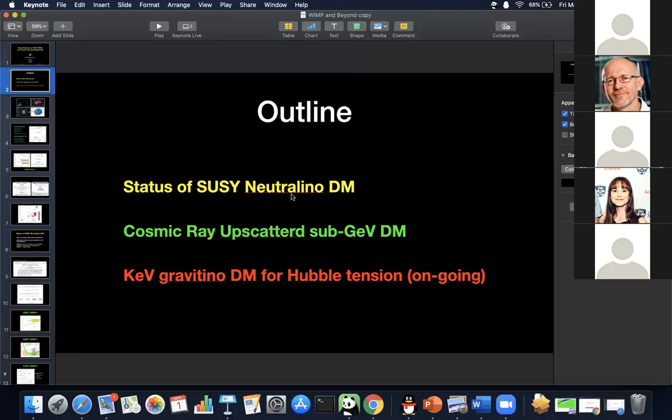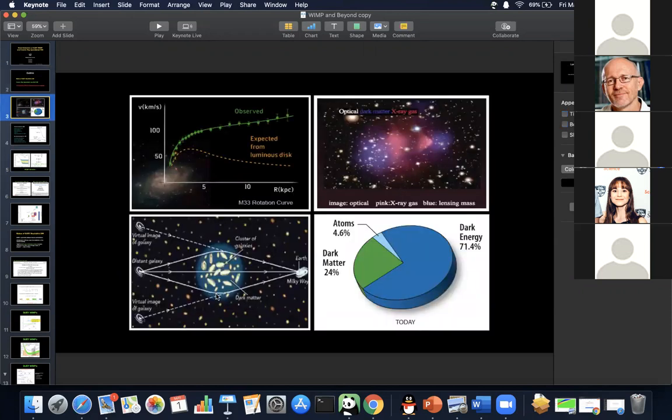I will quickly overview the current status, mainly focusing on the minimal framework, and then I will move to the sub-GeV dark matter direct detections, and talk about one possibility, that the sub-GeV dark matter was accelerated by cosmic rays. In the end, I will talk about the gravitational dark matter for the Hubble tension. So let's start.